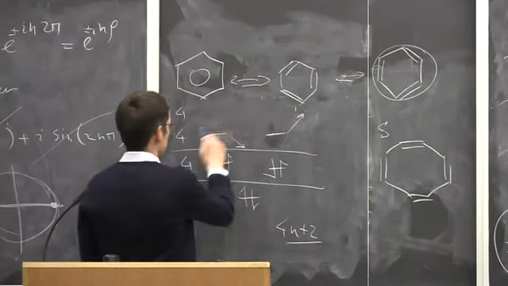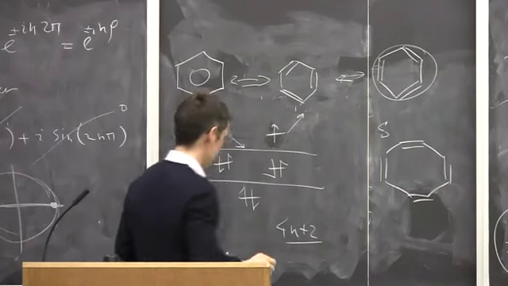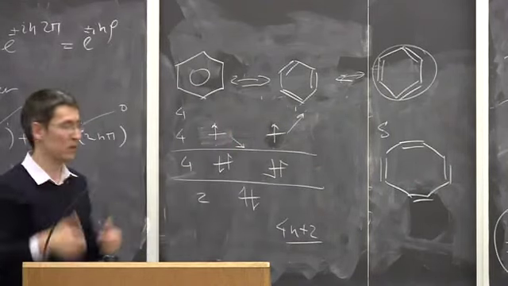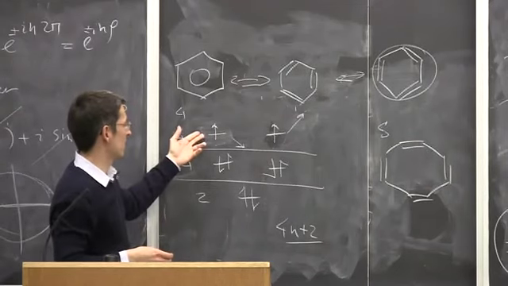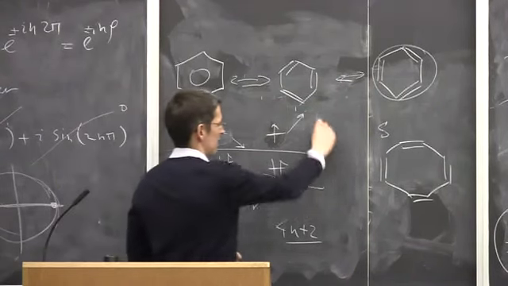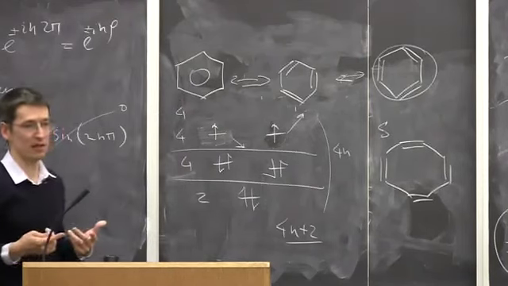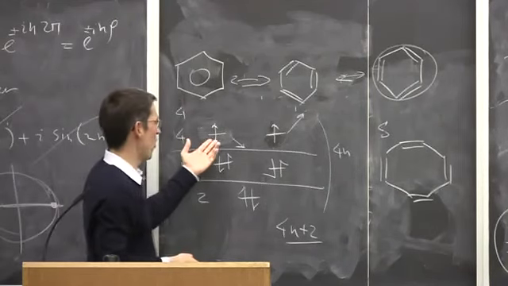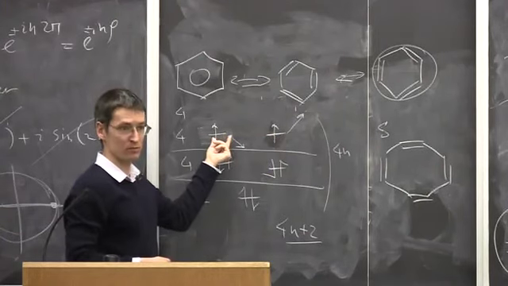But now if you excite electrons and make them into a triplet state, they have the same spin, right? Then it seems like we have a system with 4n electrons, and it shouldn't be aromatic, but in reality it is aromatic, because now again this electron cannot jump here and release this orbital, right?